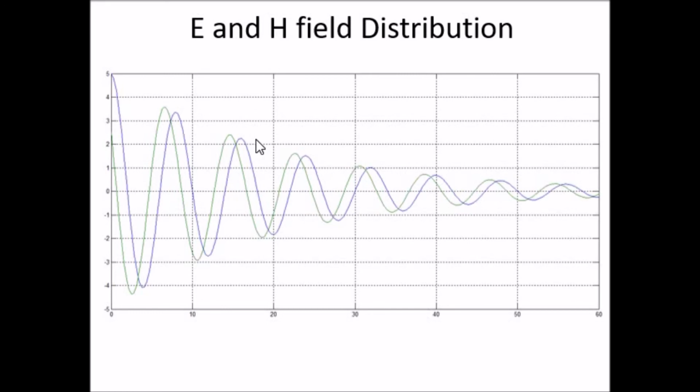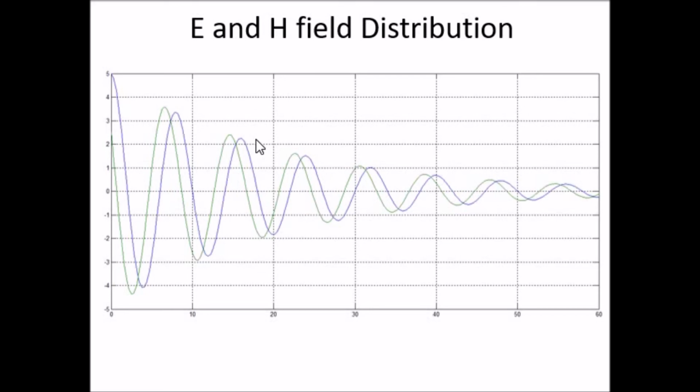This is very similar to the lagging or leading you have learned in RL and RC circuits. We have the same concept here because it is a complex number, so there is a real part and an imaginary part.